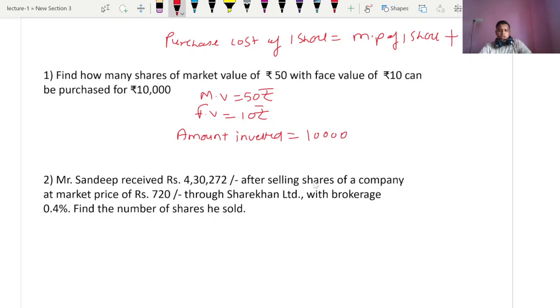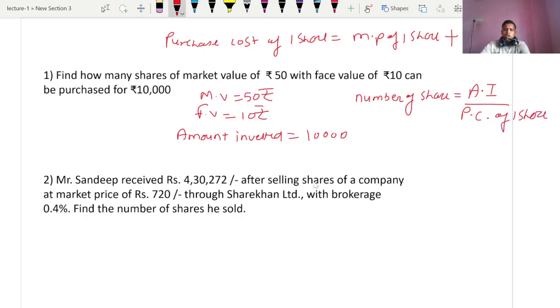Since there is no brokerage charge, the brokerage charge is 0. So therefore, the purchase cost of one share is equal to the market price of one share. Now find out how many shares. So there is a formula: number of shares is equal to amount invested divided by the purchase price of one share.